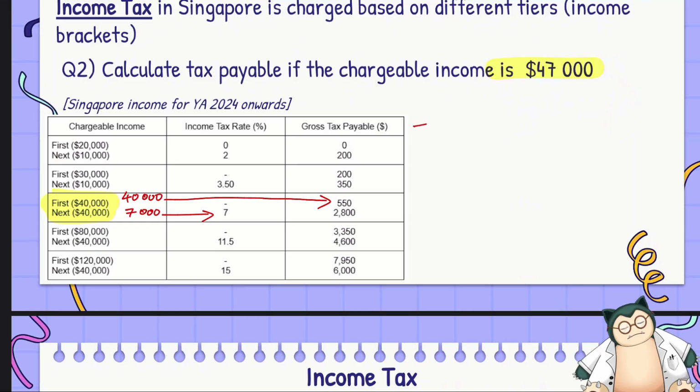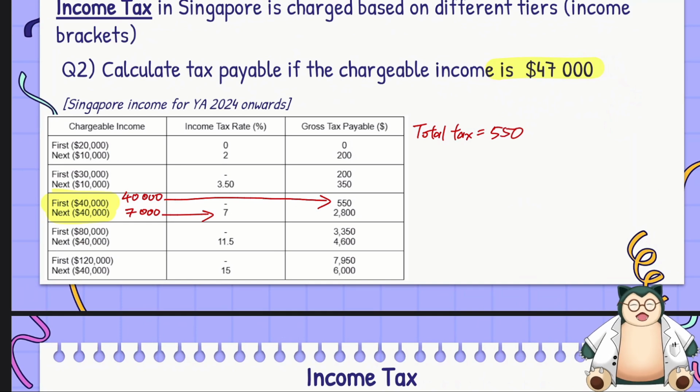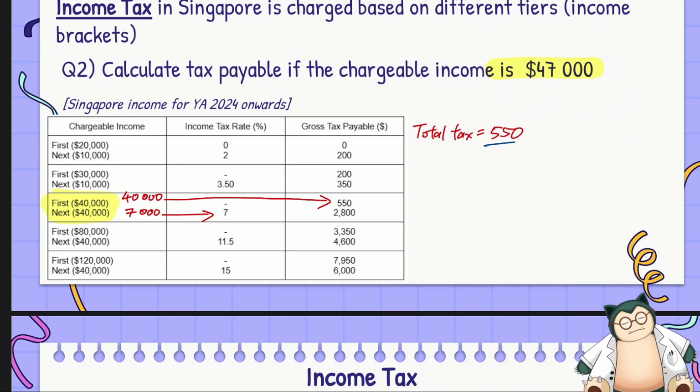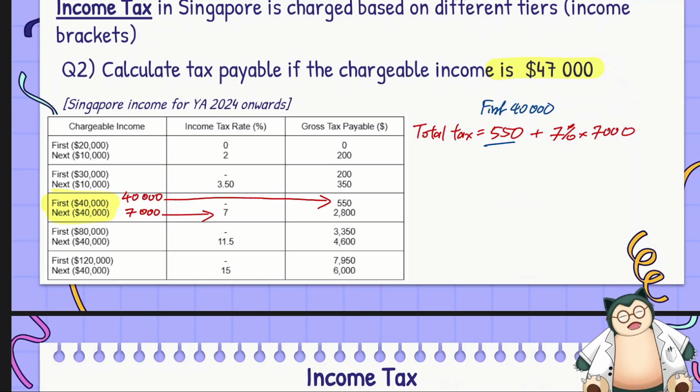All right, so then our total tax would be $550 for the first 40,000. This is the first 40,000, and then we add 7% of the 7,000 in the next one.